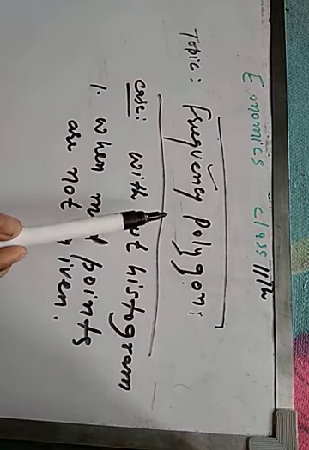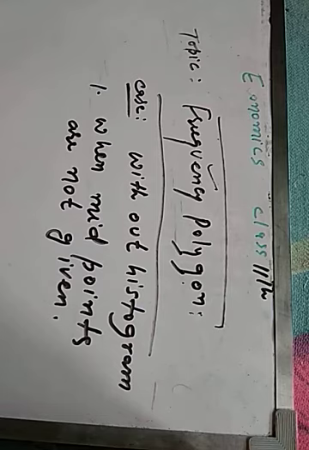If in your examination the examiner has asked you to draw a frequency polygon for the data which is given in class intervals, their mid value is not given. For that we have to calculate mid value, because frequency polygon is based on the mid value of class intervals and the frequency of the given data.